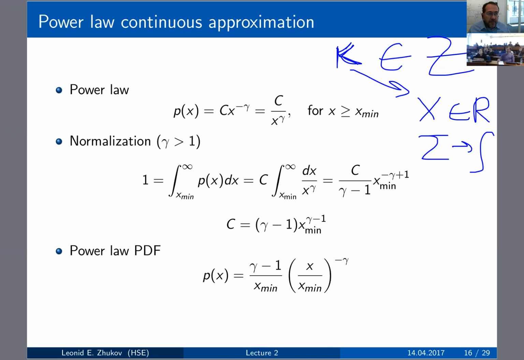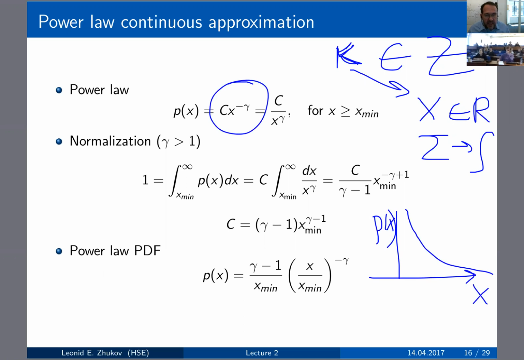So, power law as a degree distribution, now if I can put it as a function of x, it just means it's going to be a continuous, smooth curve. It's just given by this c x to the minus gamma, right? It's just that instead of k, I'm using x, understanding that k is an integer and x is a continuous value. Now, I'm putting here x greater or equal than x min.